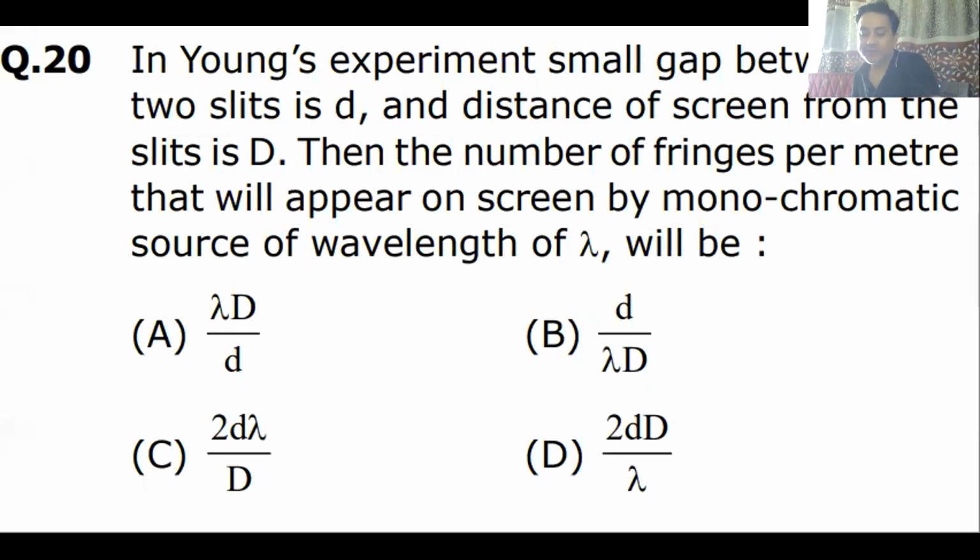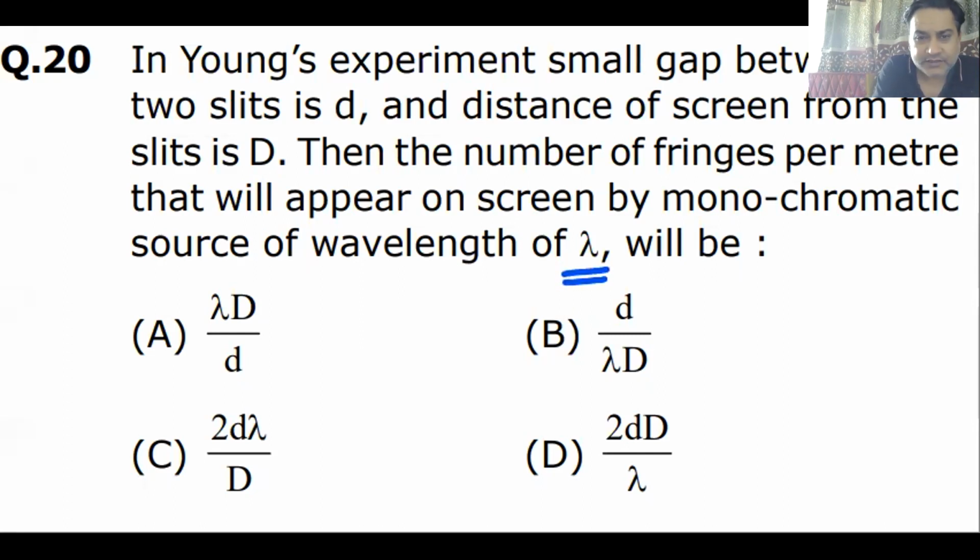In Young's double slit experiment, the gap between the two slits is small d. Distance of the screen from the slits is capital D. What is the number of fringes per meter that will appear on the screen? The wavelength of the light is lambda.